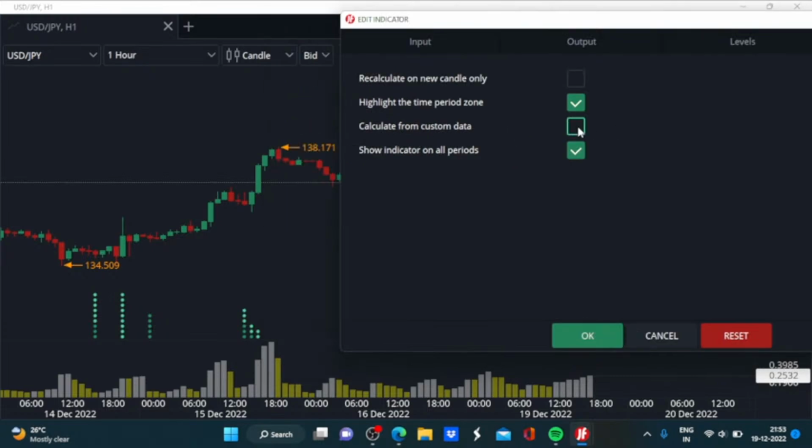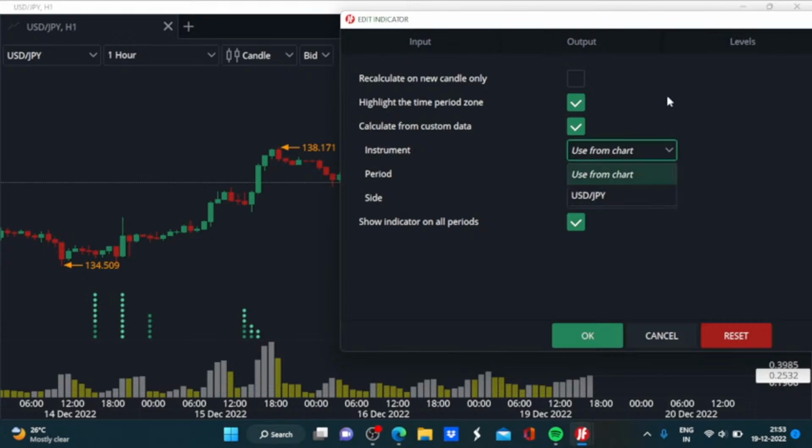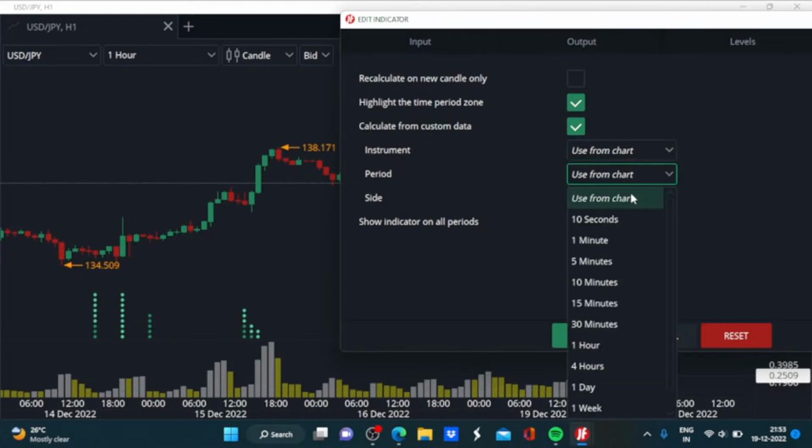Calculation can be further customized. So if you want to customize the instrument, you can go for that. This indicator is going to work well with almost all the instruments available on the platform. So you have the liberty to use this indicator on any instrument of choice as long as it is available on the platform. The candle period can be the same as the chart.